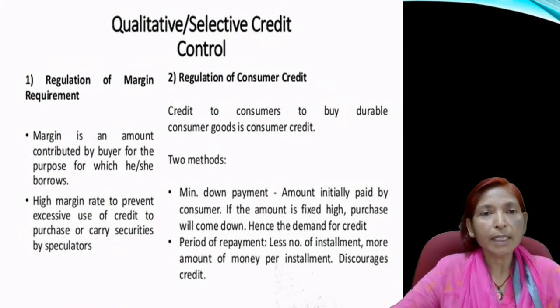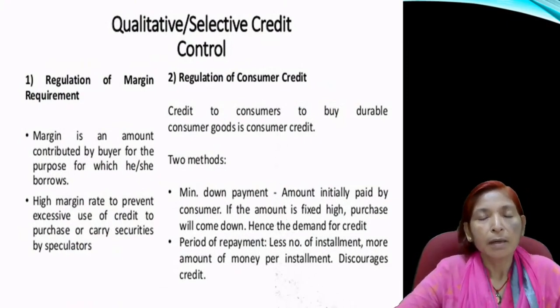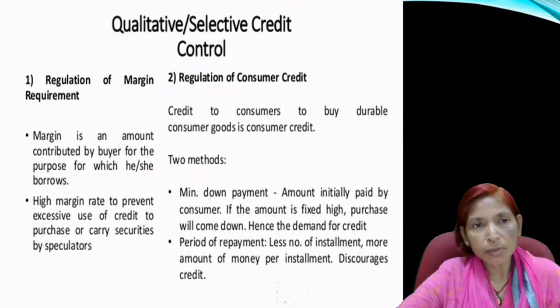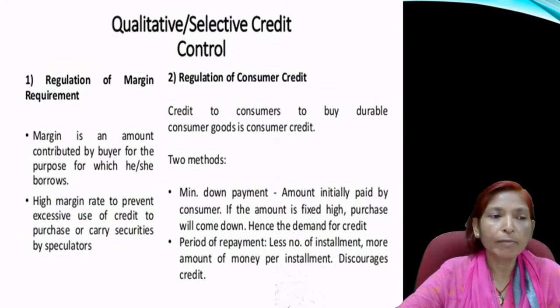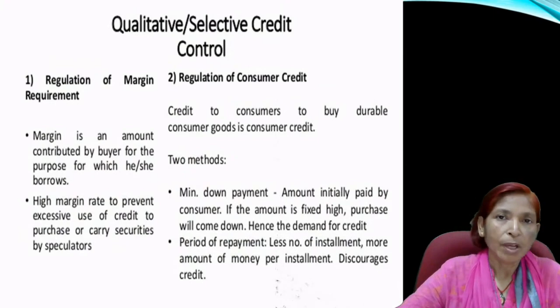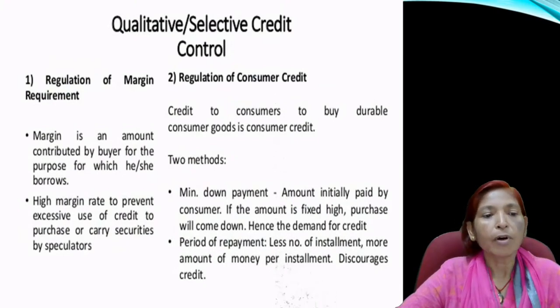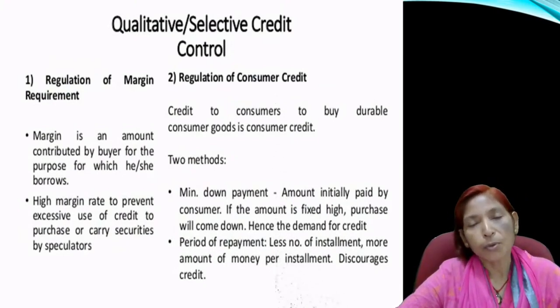In this we know that there are 4 methods from which RBI can control the credit creation process. One is regulation of margin requirement. Margin requirement is the amount contributed by the buyer for the purpose for which he or she borrows.